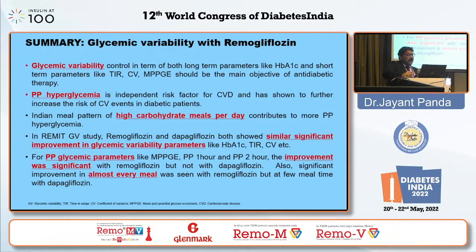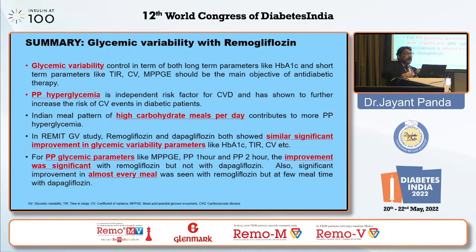So from this study, I'll take two conclusions before I end. Remogliflozin and dapagliflozin both showed similar significant improvement in glycemic variability parameters like A1C, time in range, and the coefficient of variation.